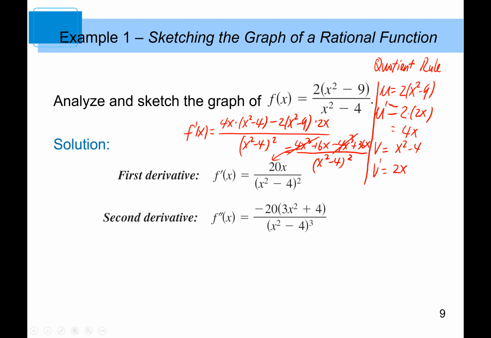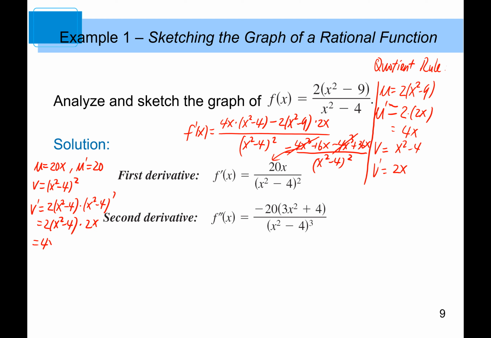And the second derivative is based on the first derivative. So now u is equal to 20x, so u prime is just 20. v is (x squared minus 4) squared. For v prime, you've got to use the power rule first: 2 times (x squared minus 4), and then we take the derivative of the inner function, x squared minus 4 prime, so it's 2 times (x squared minus 4) times 2x.